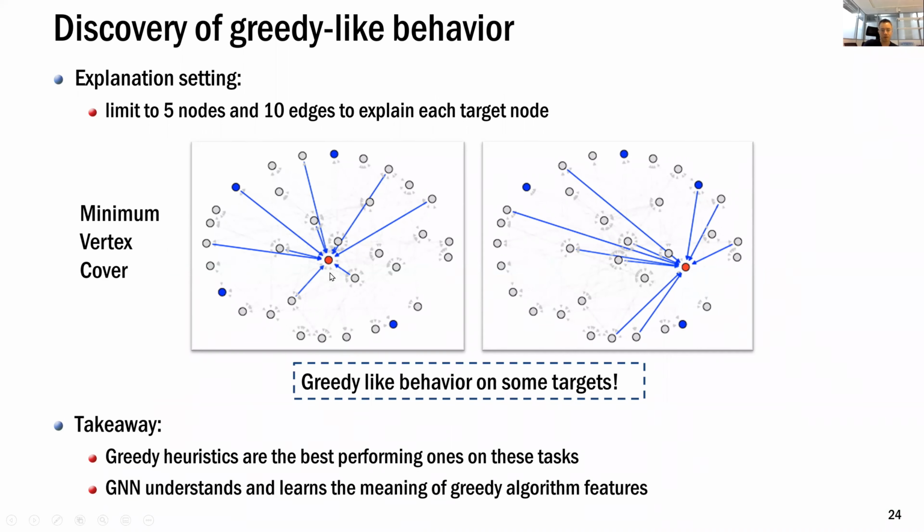For instance, we try to explain this center node here, why it is being selected as one node in the solution set. So we are going to limit the number of explainer components to be 5 nodes and 10 edges. What's interesting around the neighborhood of this particular node is that this explainer network is able to select all these edges which are directly connected to the center node.